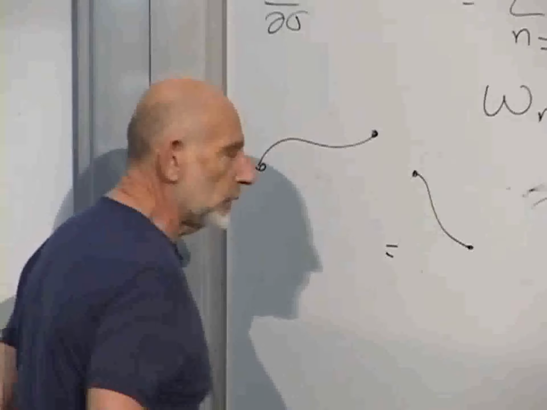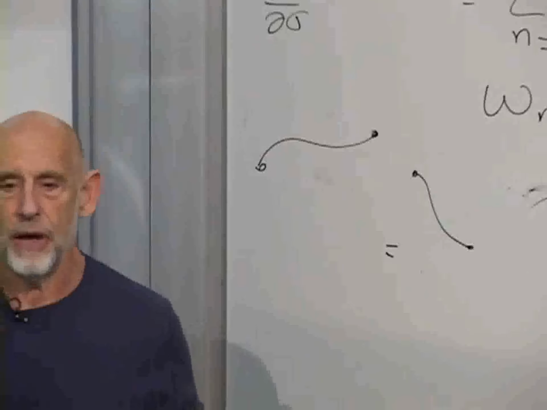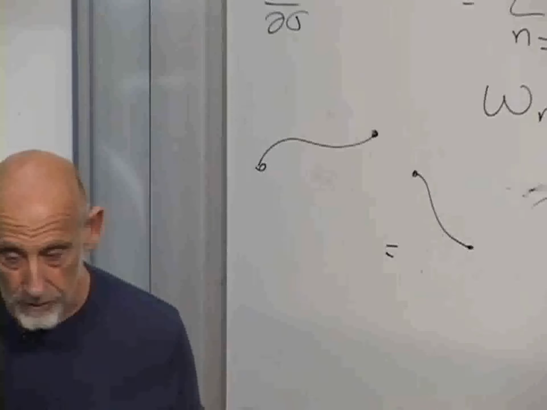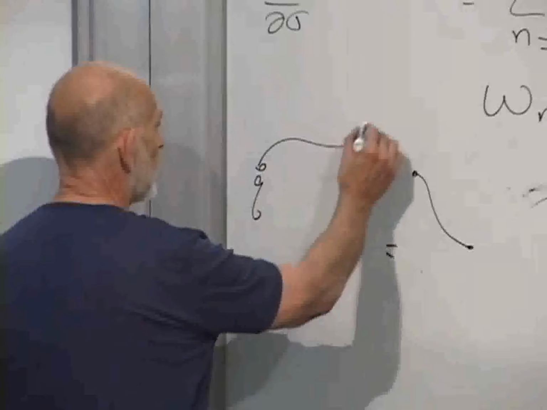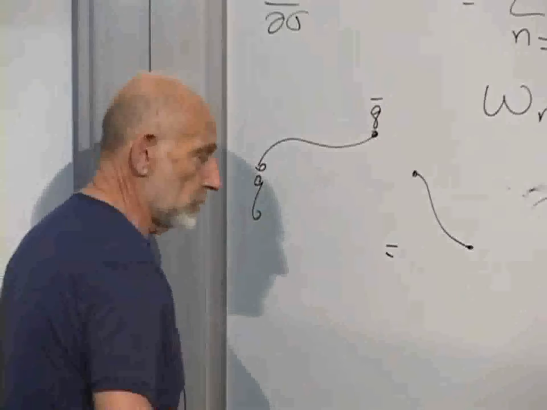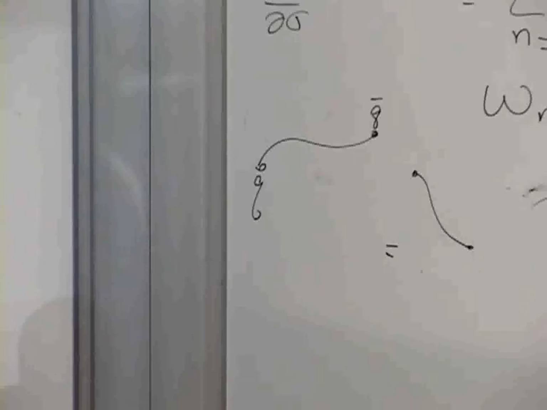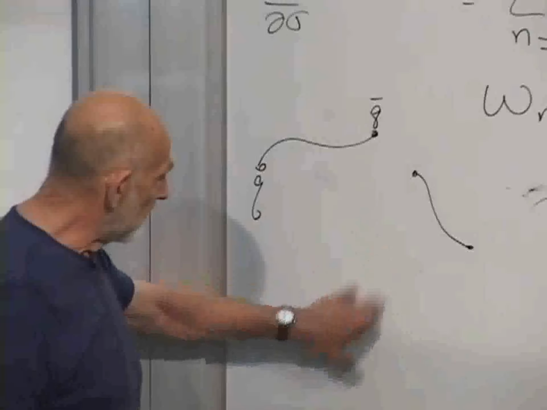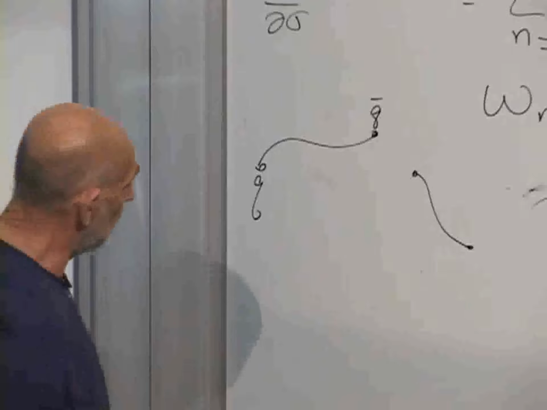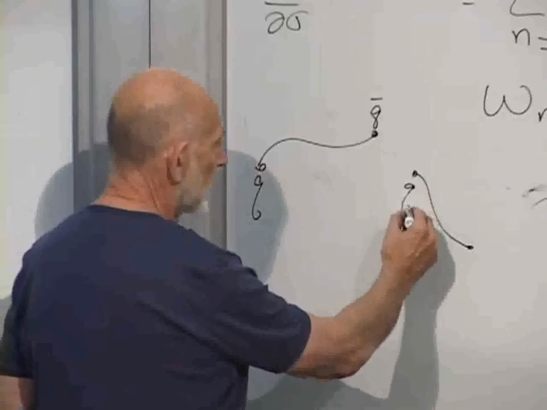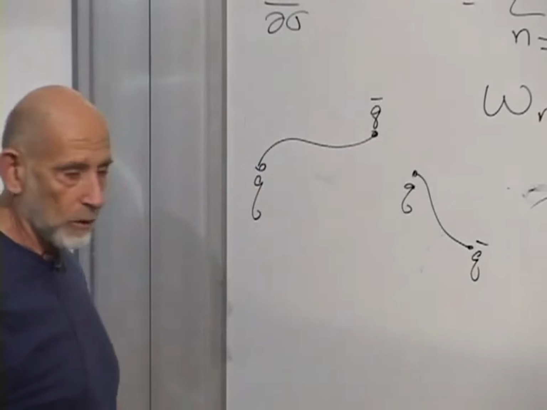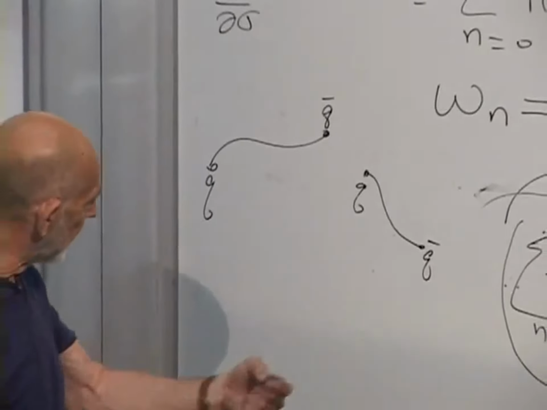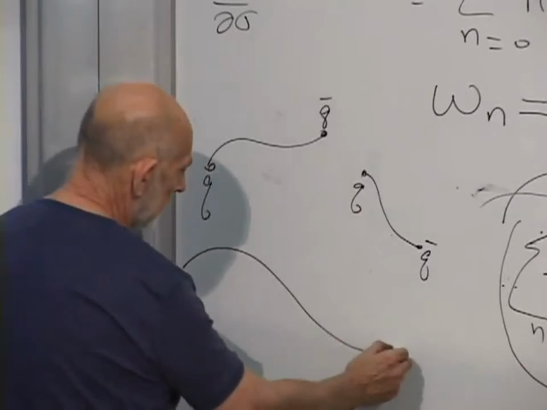In the context of hadron physics, meson physics, the strings have quarks at the ends, quarks and antiquarks. Now, that's not true for the string theories that we're going to be interested in, but for ordinary hadrons it is. And a quark and an antiquark can come together, annihilate, and create a longer string.